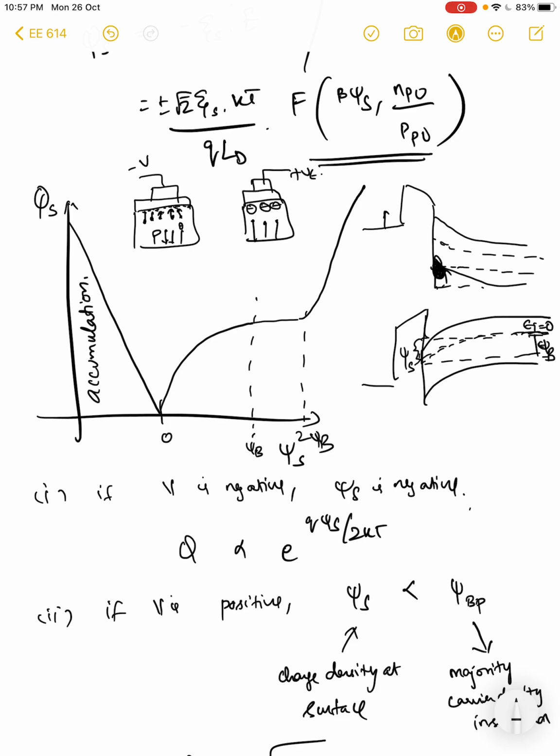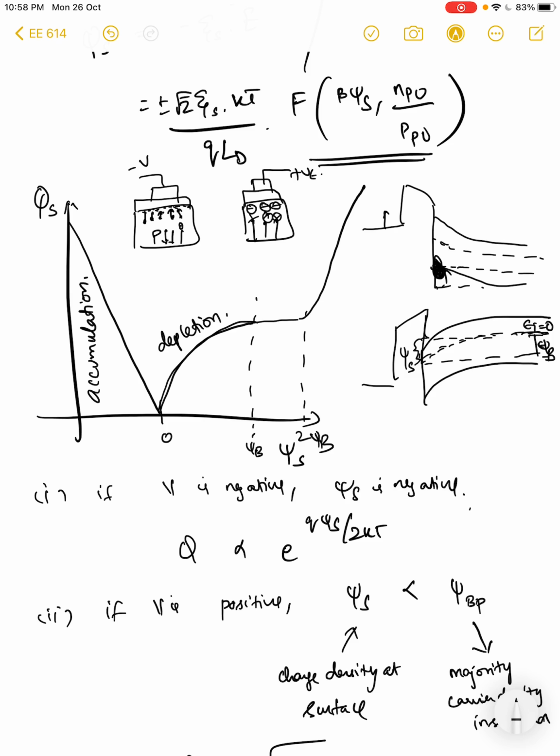If I start applying positive surface potential such that I increase psi s and make it closer and closer to psi b, you can see that I will start depleting more and more, and hence you'll have this particular region dominated by depletion.